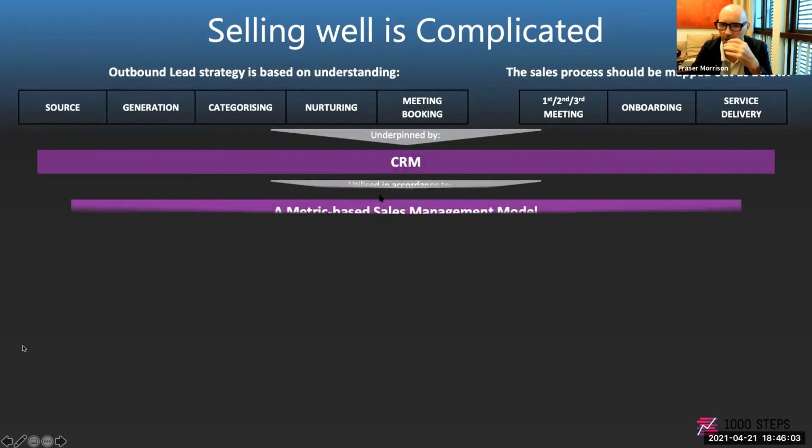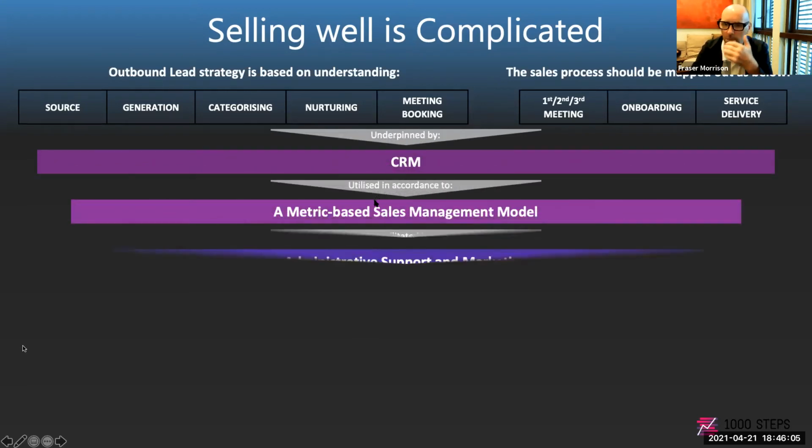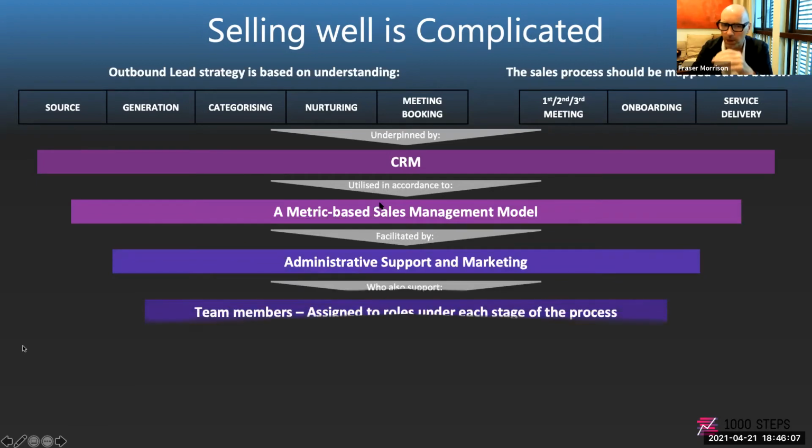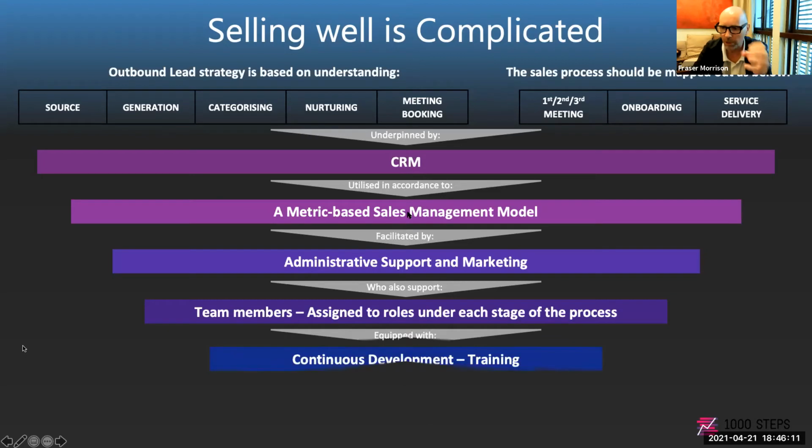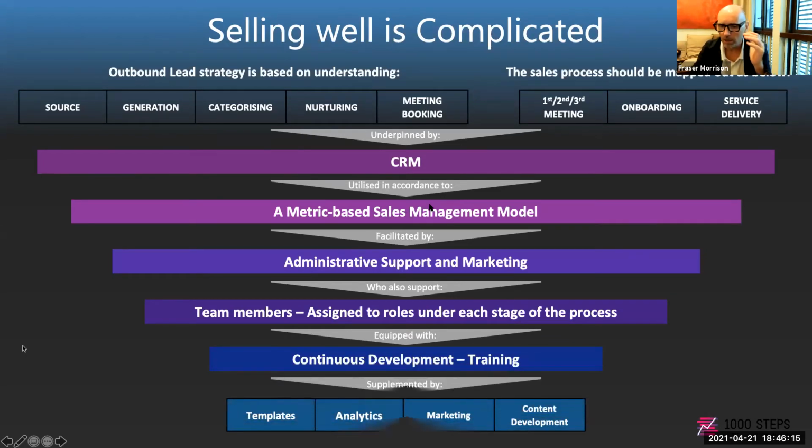But you've got CRM, metrics-based management, admin support, marketing, team members assigned roles around the process depending on its complexity, constant training and development, templates, analytics, marketing, content development. All of these things lead into a very, very complex formula that creates success for businesses.